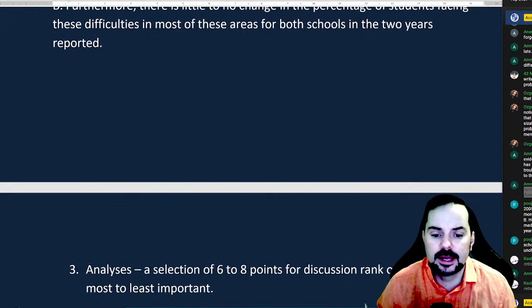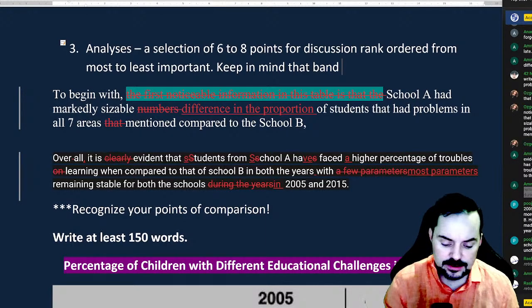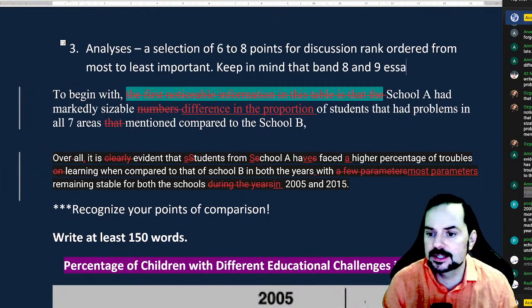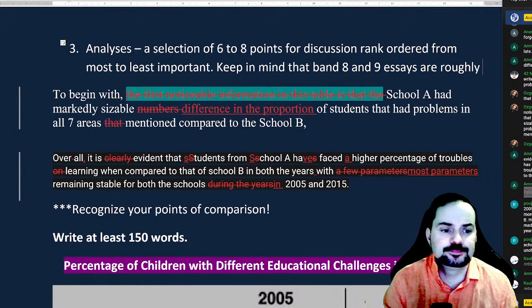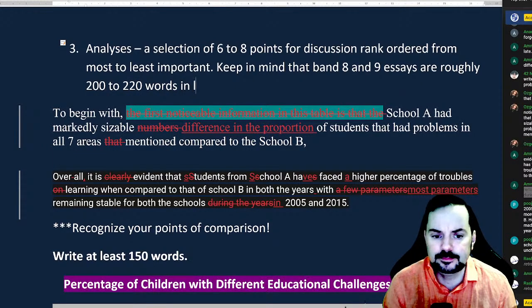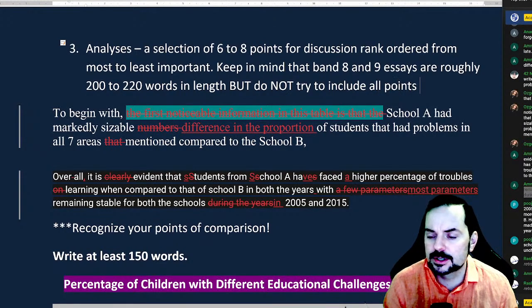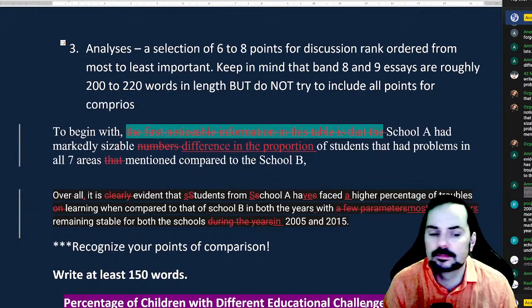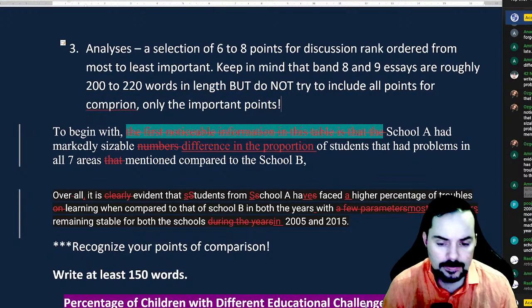Okay, and keep in mind that band 8 and 9 essays are roughly 200 to 220 words in length, but do not try to include all points for comparison. Only the important points. Okay?